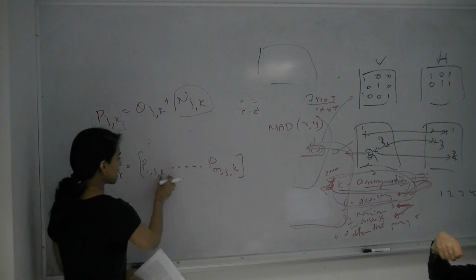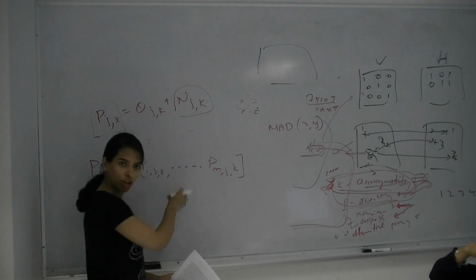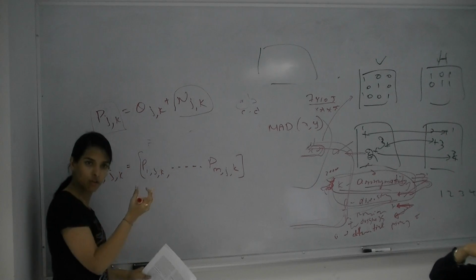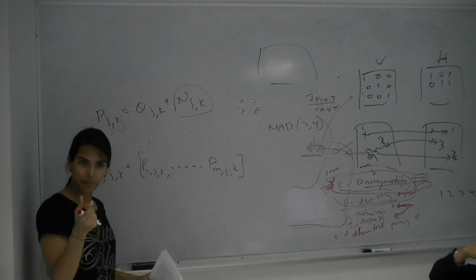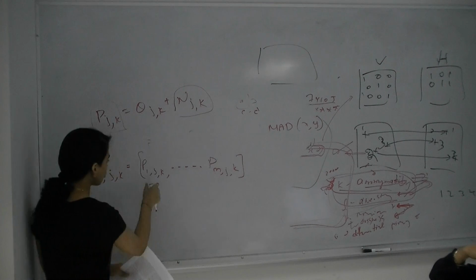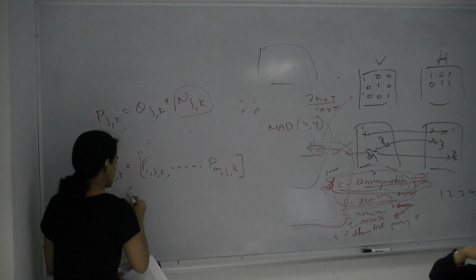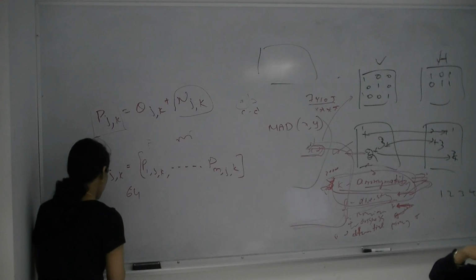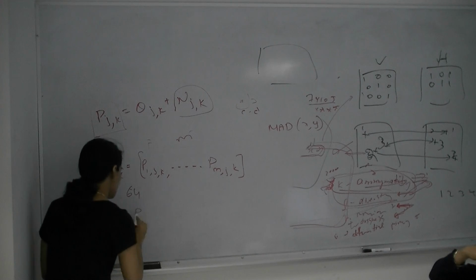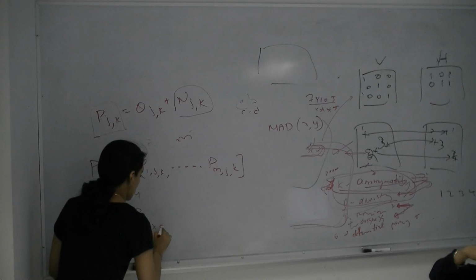All those patches are arranged in each column by concatenating the whole batch. Because we considered an 8 by 8 patch, after concatenation the number of rows will be 64 and then M. So the PJK matrix will be a 64 by M matrix.